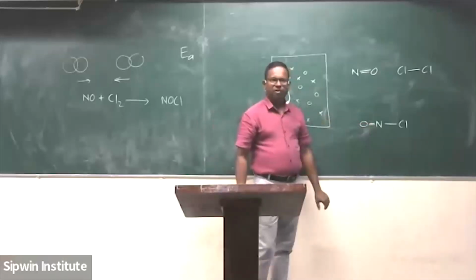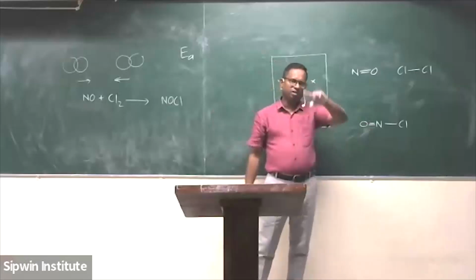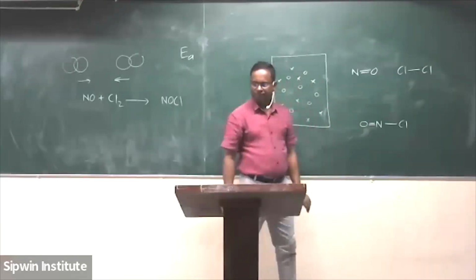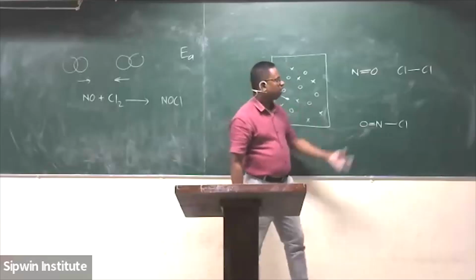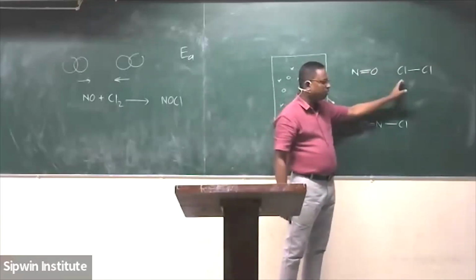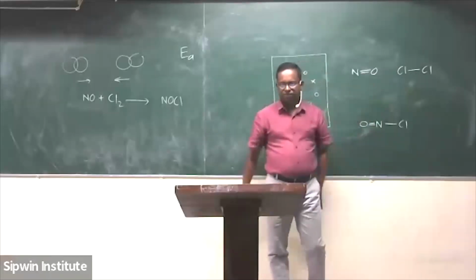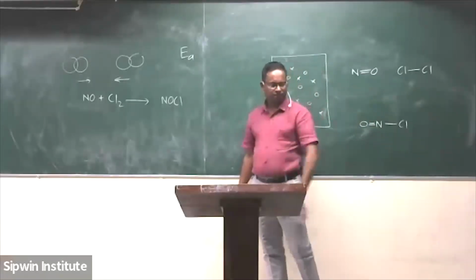Now, the requirement is how to produce a bond between nitrogen and chlorine. If a collision takes place like this way, oxygen and chlorine colliding with one another, is a bond possible between nitrogen and chlorine?